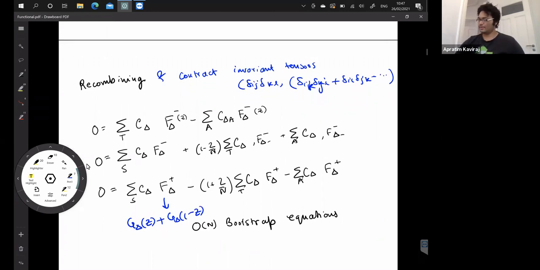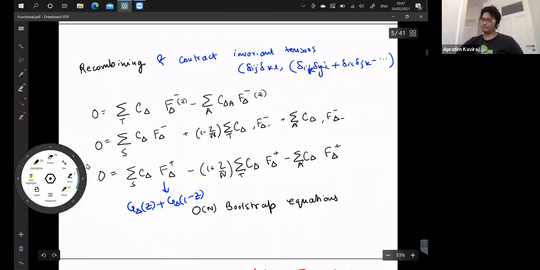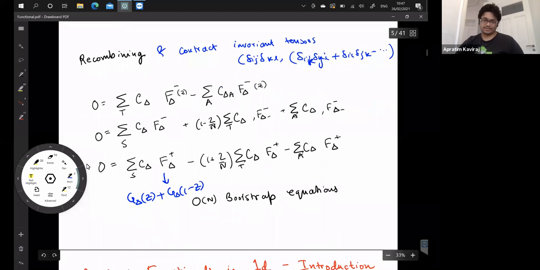So this is the basics of the bootstrap and its extension to global symmetries.